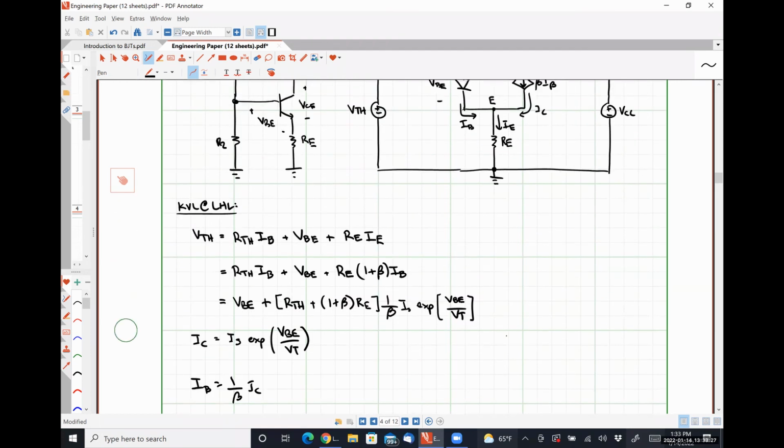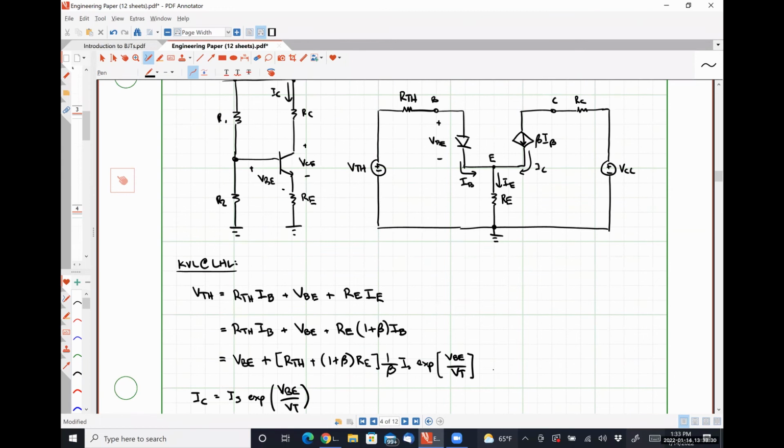is VCE. And we can figure out VCE, which is the potential difference between here and here, just by applying Kirchhoff's voltage law around the right-hand loop, right?